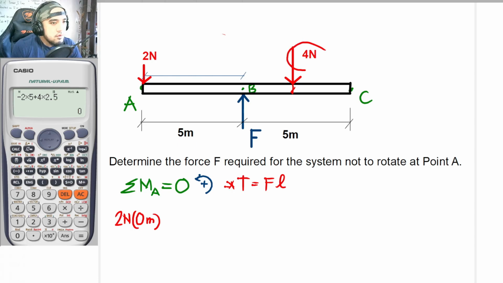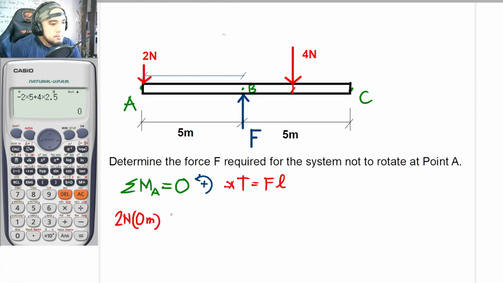Now for the 4 Newton force, or let's say I would be getting the torque of this force F first. So if this force has the tendency to rotate point A in a counterclockwise direction, this is now to be positive, because my sign convention once again is counterclockwise positive.